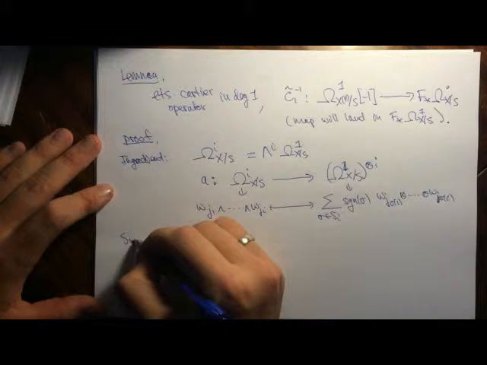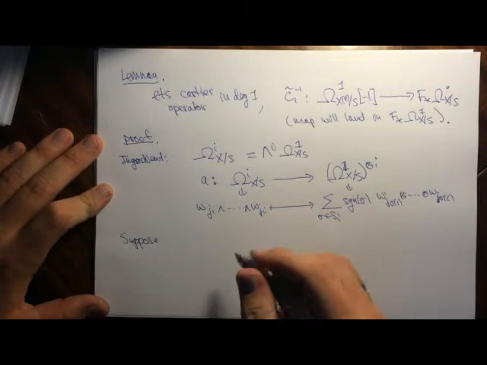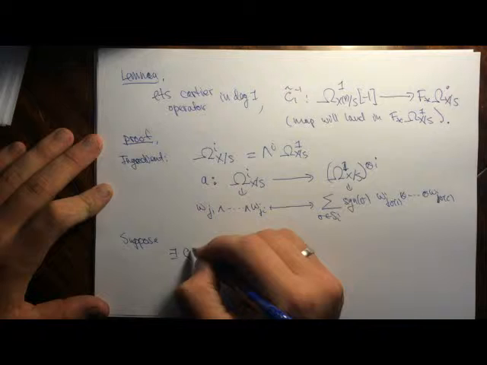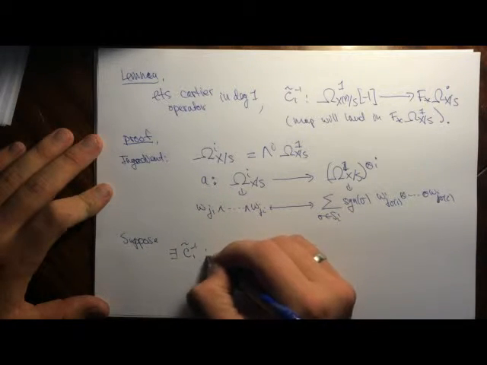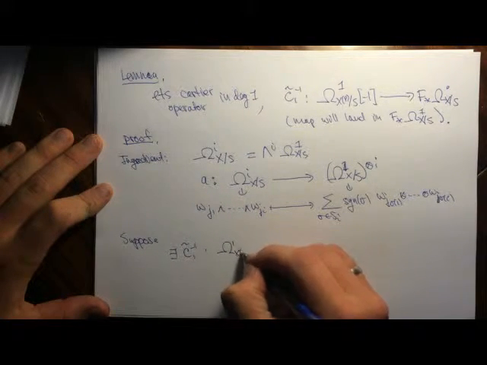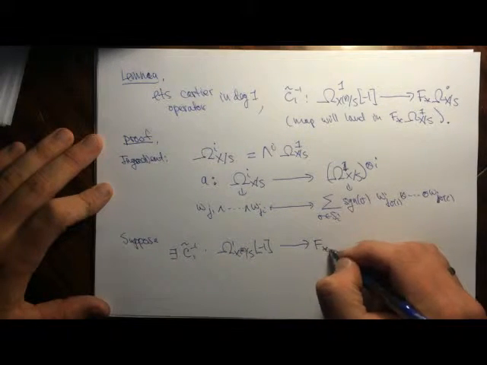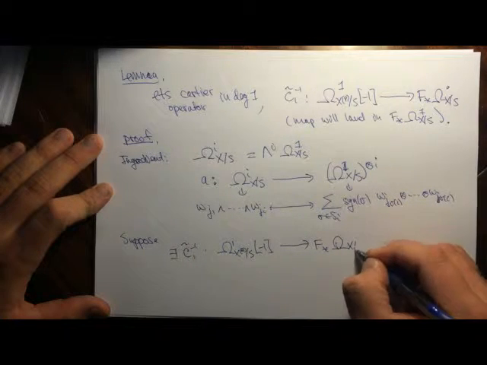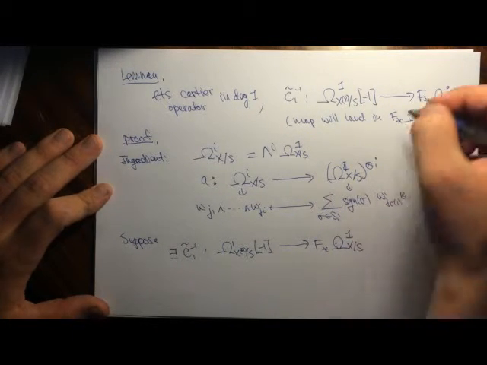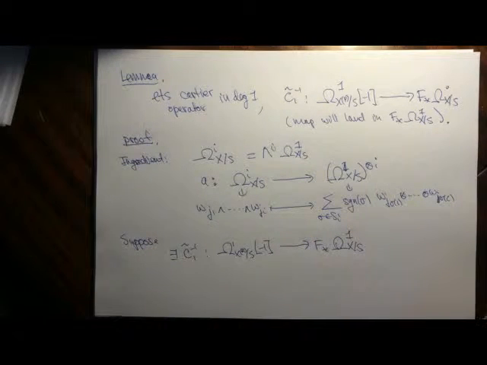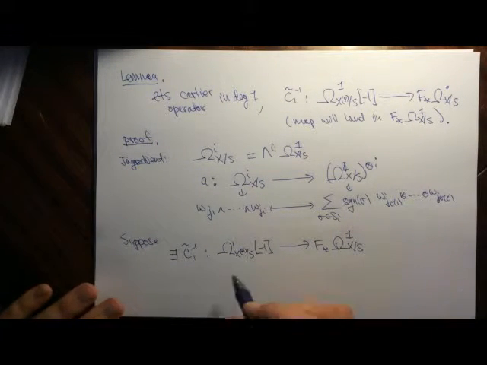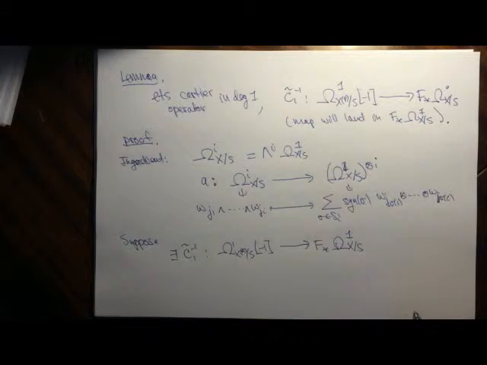So now we suppose that there exists some lifted Cartier operator in degree 1. We're going to suppose from here. This is just a morphism of complexes. This one's shifted over to the right, and that's all there is to it.